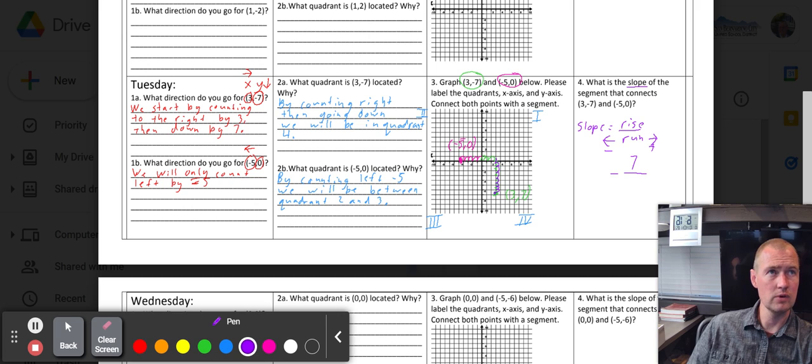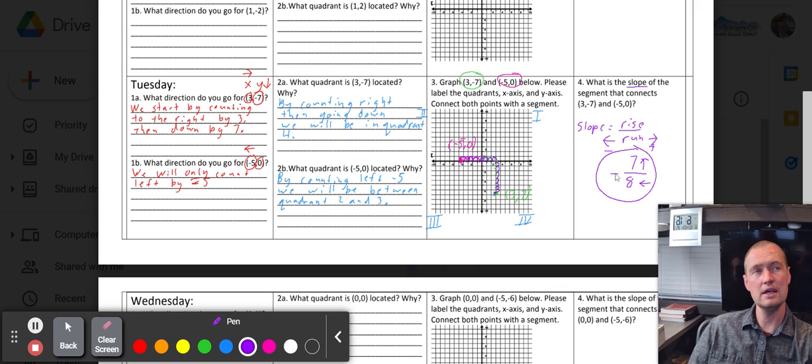So here we go. 1, 2, 3, 4, 5, 6, 7, and 8. So I'm getting for my slope -7, which was the rise, over 8, which was the run. And again, it's negative because I had to run to the left.